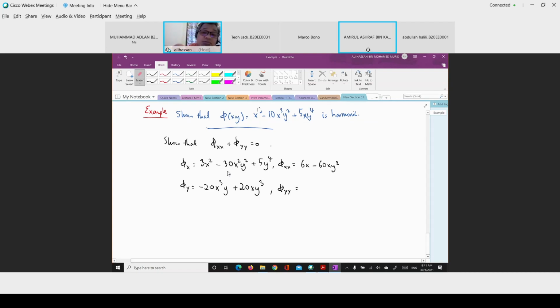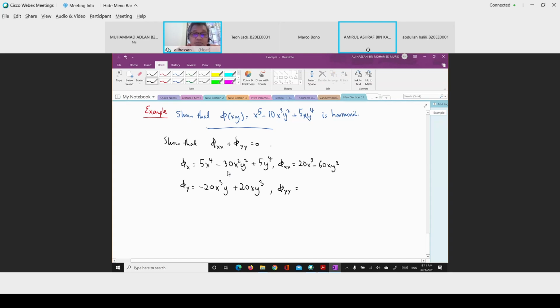This should be x to the 5 actually. So it needs some correction. It should be 5 x to the 4, yes. And this one should be 20 x cubed.